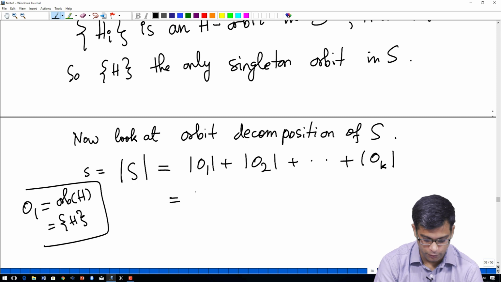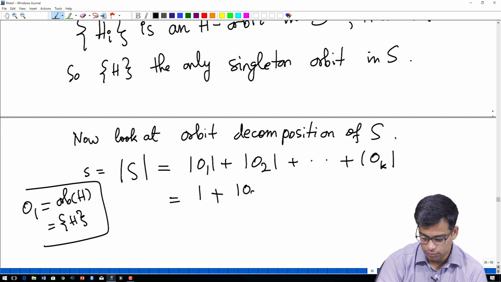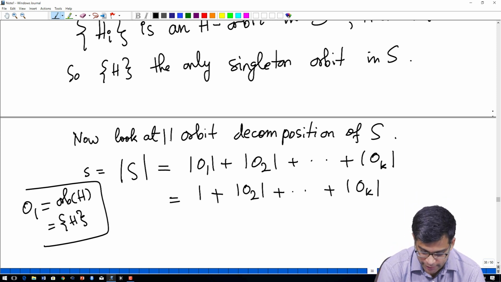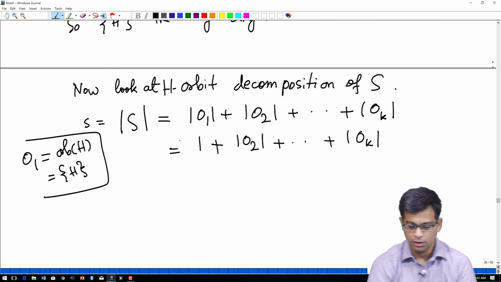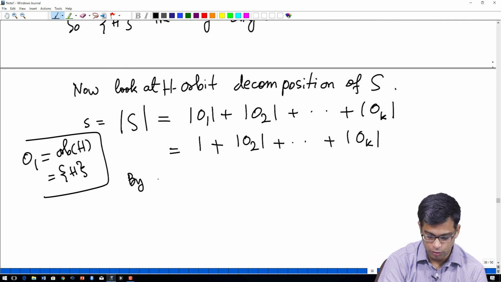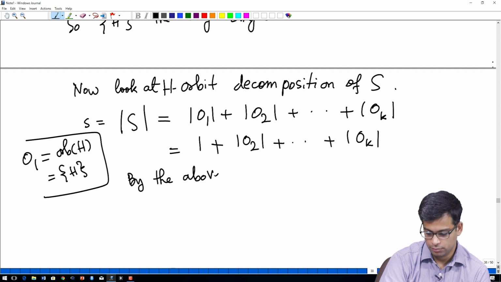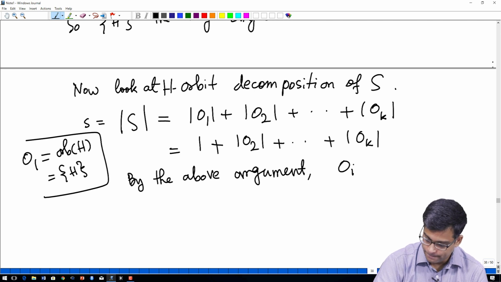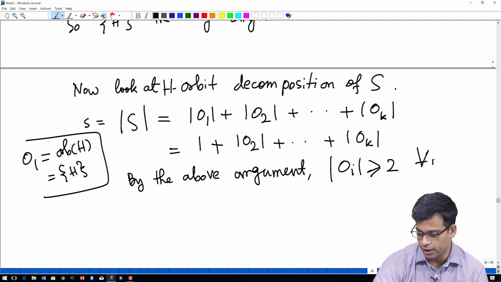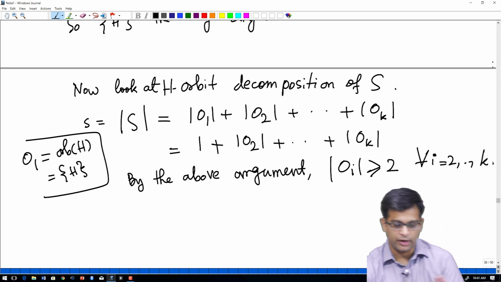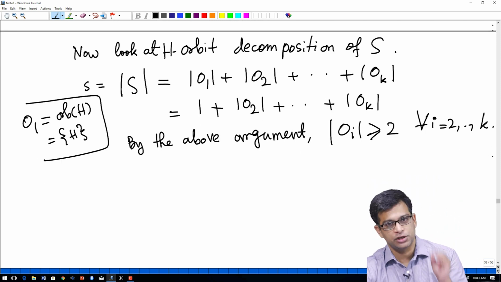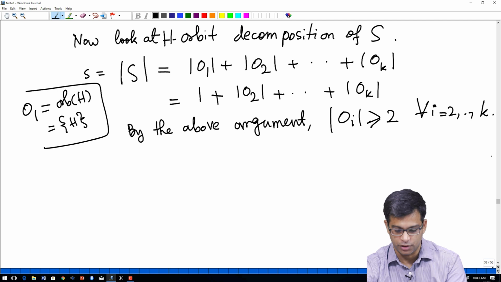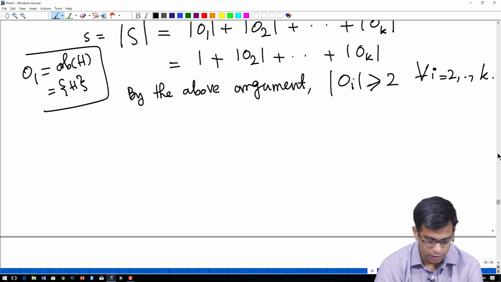So the order of O_1 is 1, plus the order of O_2, up to the order of O_k. Here I am looking at the H-orbit decomposition, and by the above argument, the order of O_i is at least 2 for all i from 2 to k. Every other orbit has at least 2 elements, because if it has only one element, it must be H, which we have already accounted for.